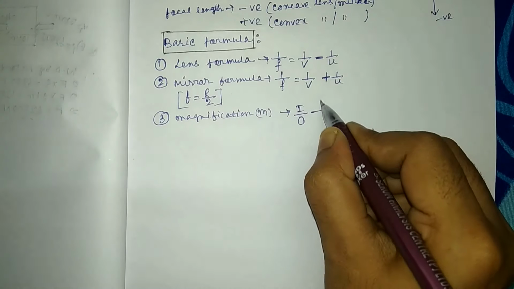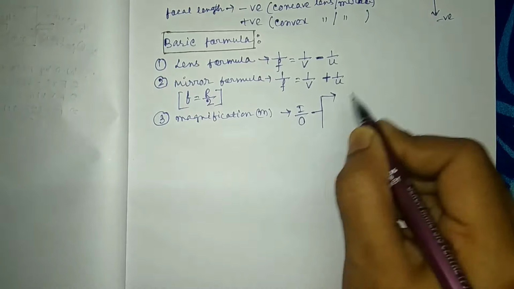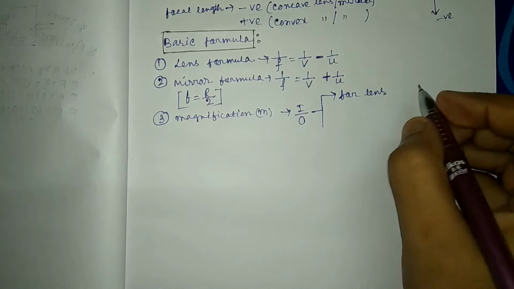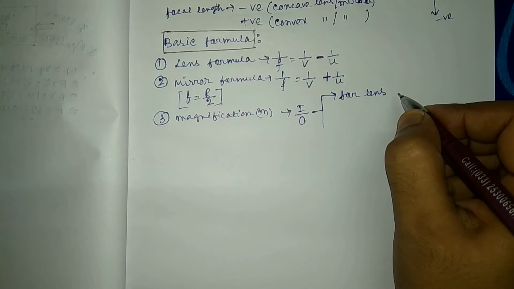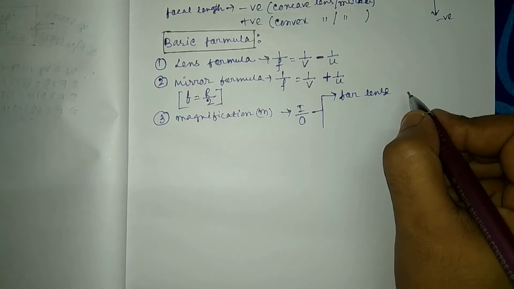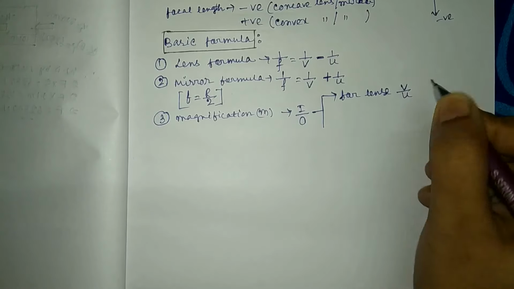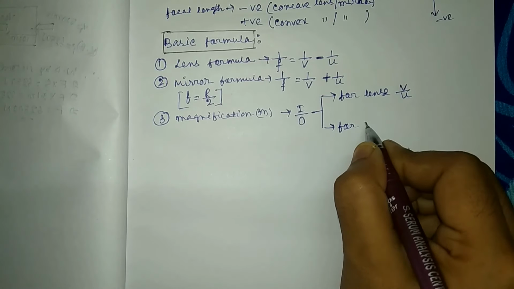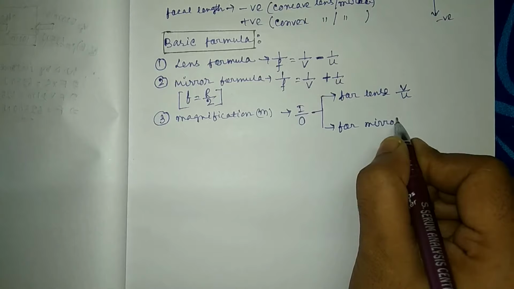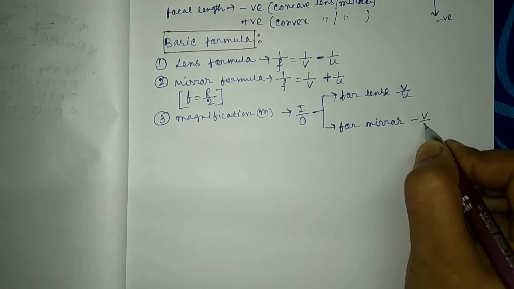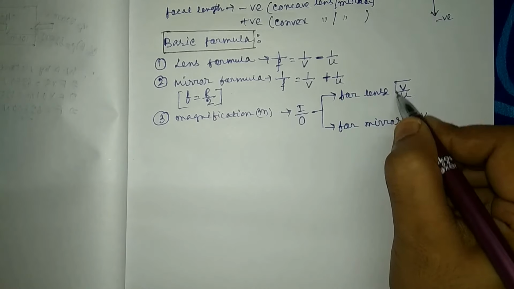So, for lens, it will be equals V by U, and for mirror it will be equals minus V by U. Okay.